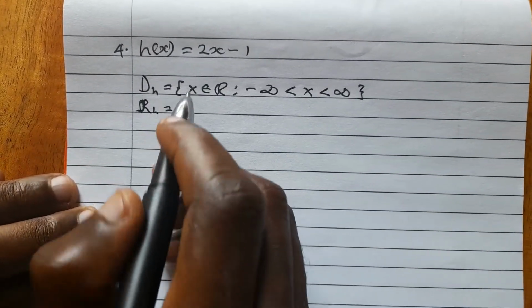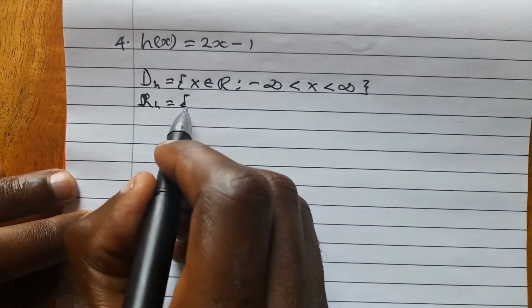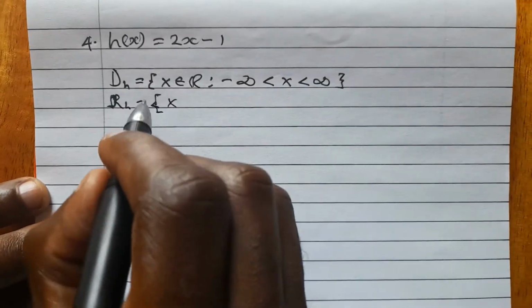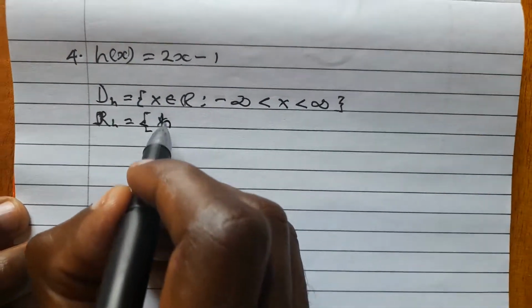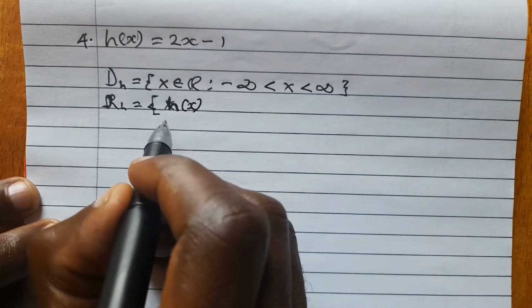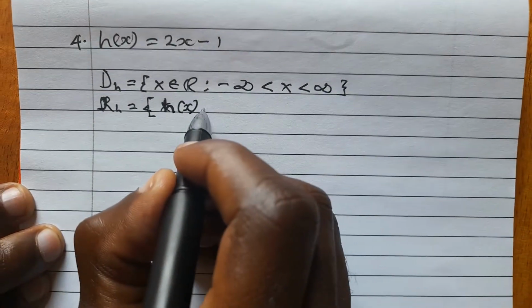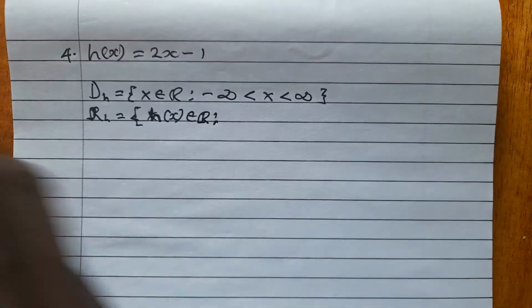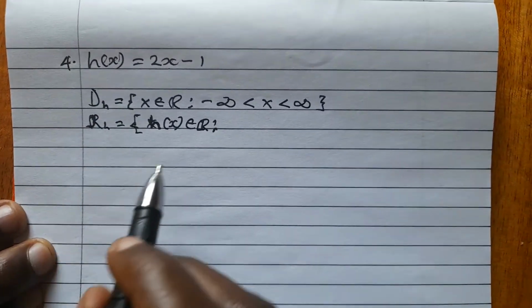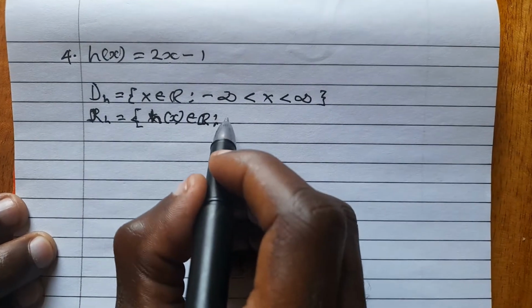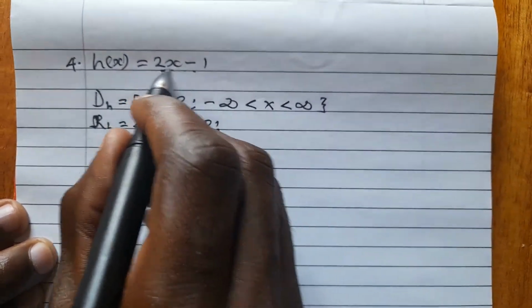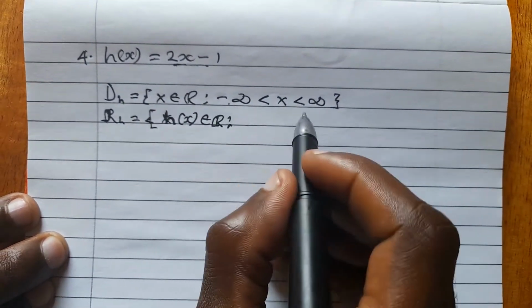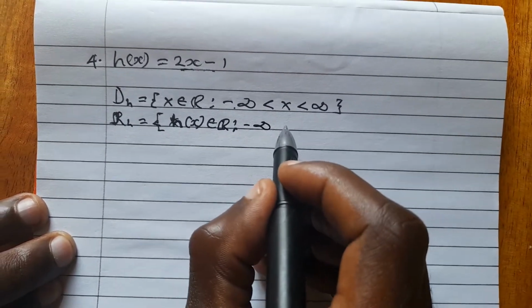So this means that the range will also be the set of h of x, such that h of x is in the real numbers, because when you plug in a real number, you are getting a real number, and it ranges between negative infinity and positive infinity.